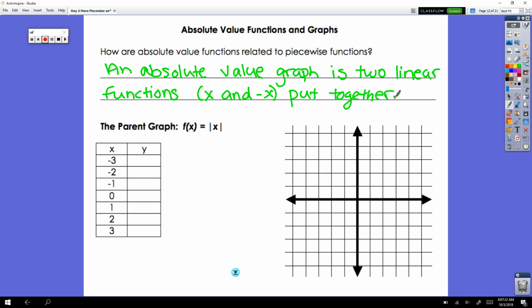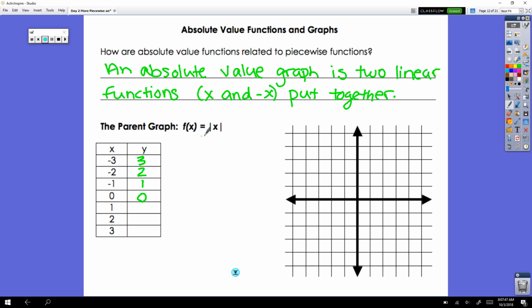So now let's graph the basic parent function of an absolute value. We know that anything underneath these absolute value bars automatically becomes positive. So if we put negative 3 in for x, we get absolute value of negative 3, which we know is just 3. Likewise, if we put negative 2 in for x, we get absolute value of negative 2, which is 2. Here we'll get 1, 0.